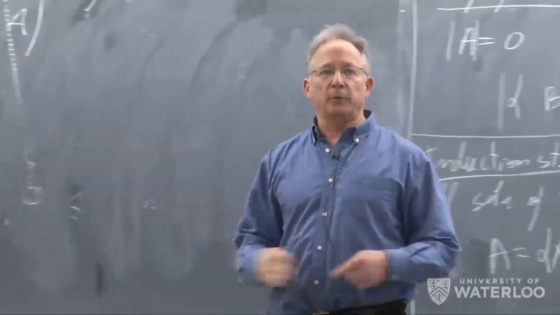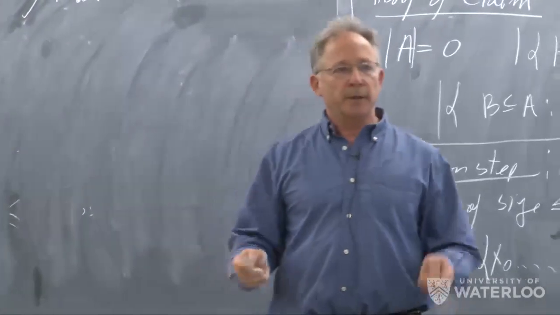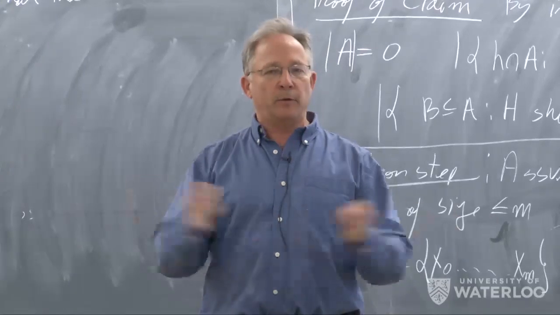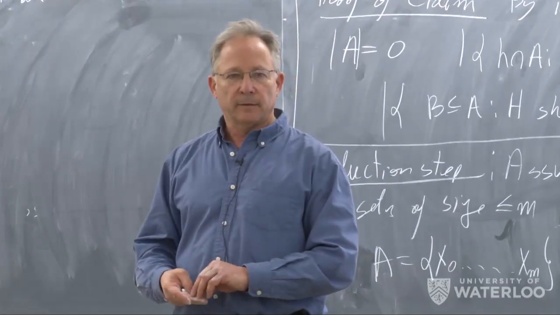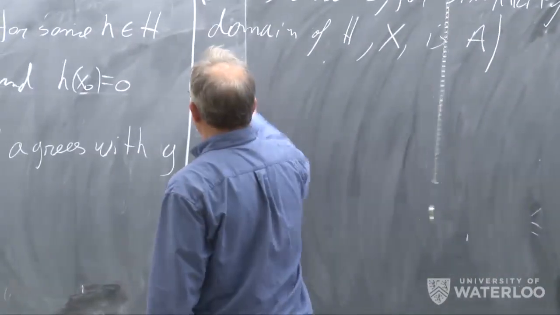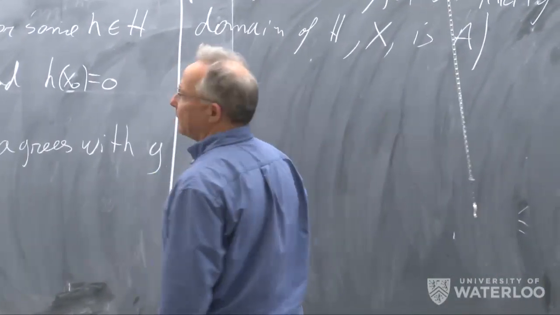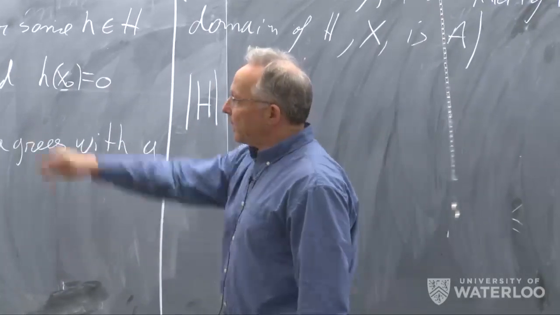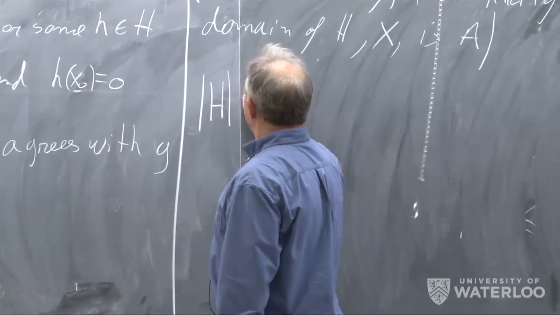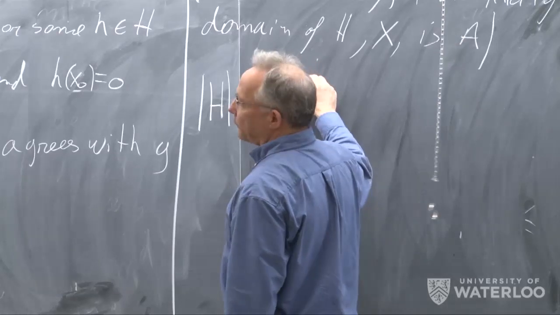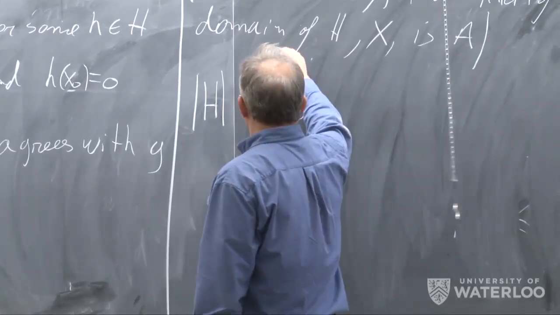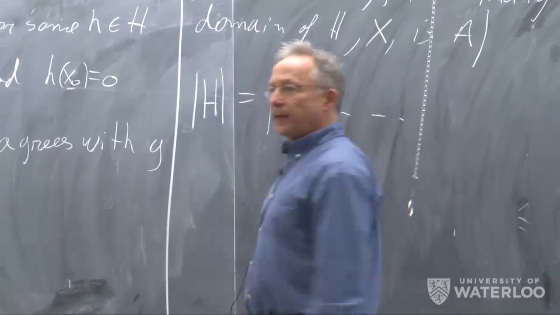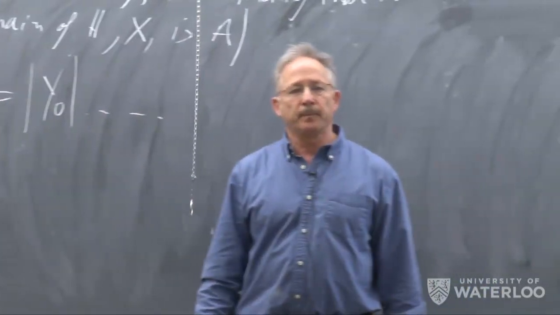I don't care about what is happening outside A. So I'll just assume that my domain is the whole set A. Now I want to compare the size of H to the size of, say, Y0. I'm claiming something is missing here. What is missing?